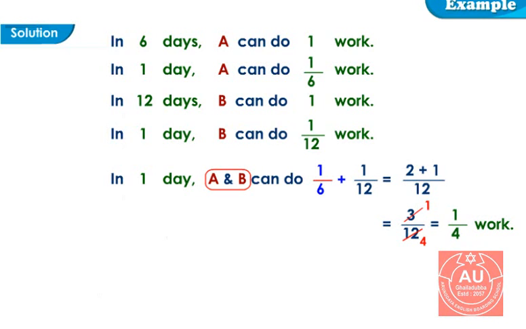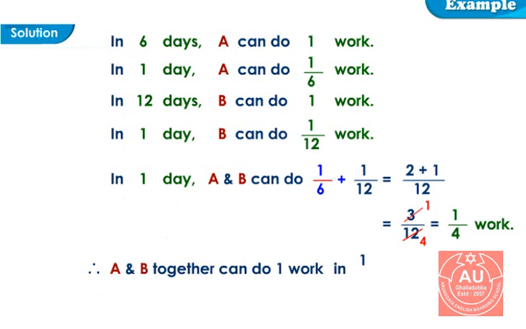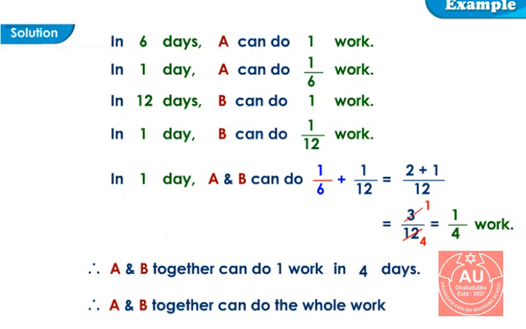Therefore, A and B in one day they can do 1/4 work. Therefore, A and B together can do one work in 1 upon 4 days. It means 4 days. So that is our answer. In this way, finally we will be writing A and B together can do the whole work in 4 days.